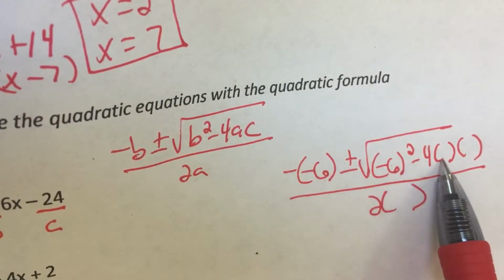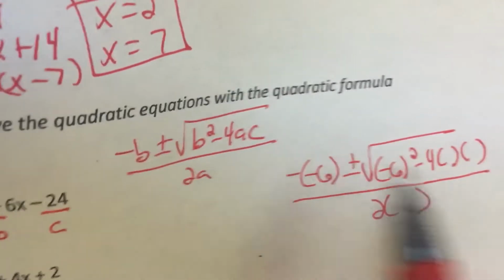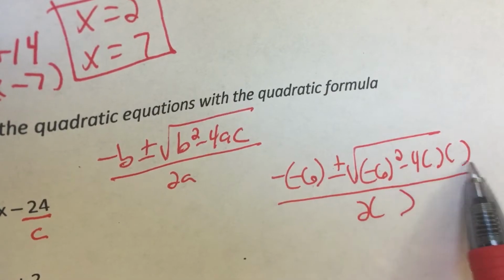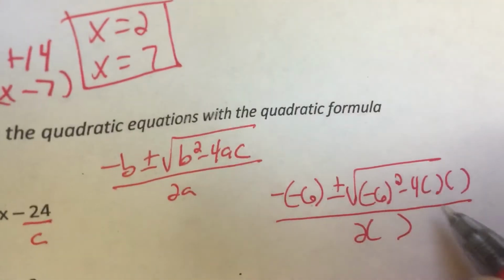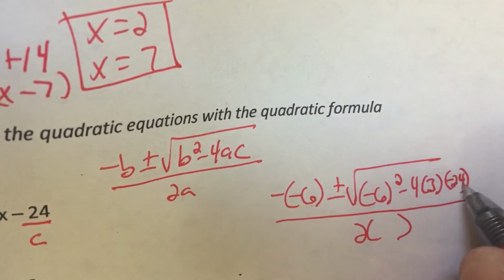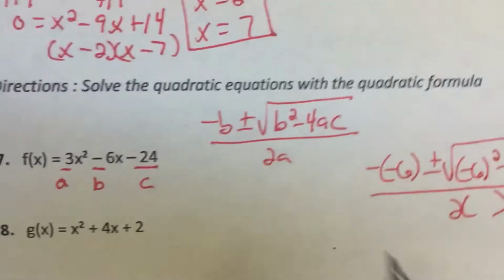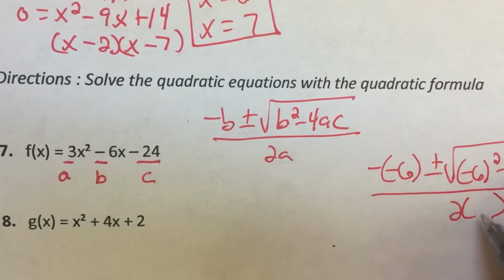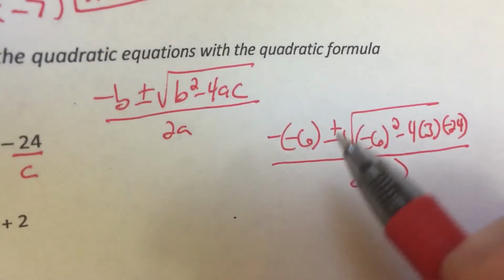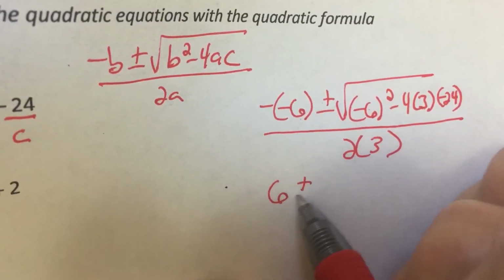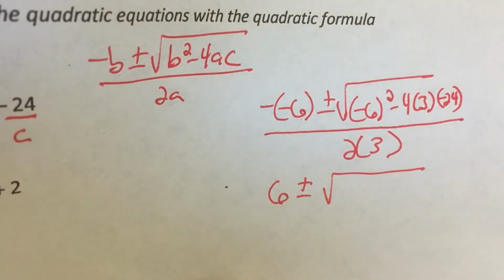Then it's minus 4ac. I need to put a in here and c in here. Well, a is 3 and c is negative 24. So 3, negative 24. Down at the bottom, a is 3. So this ends up being a positive 6 on the outside, plus or minus the square root of.